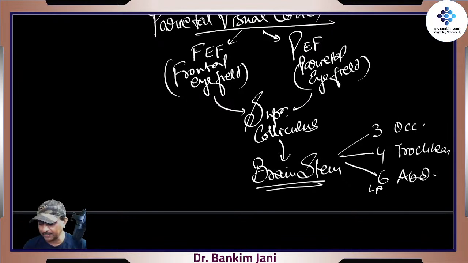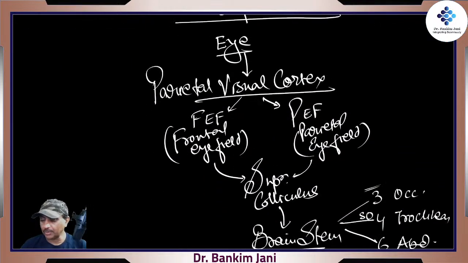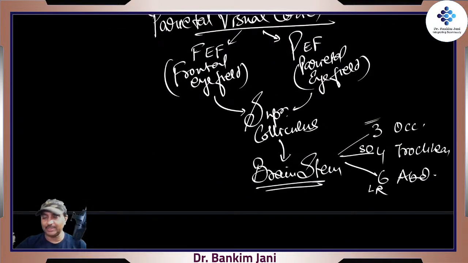This is the lateral rectus, this is the superior oblique, and the rest of the muscles are by the third one. Because the third nerve supplies more muscles, that's why the name is given as the oculomotor loop. It's not that only the oculomotor is involved in the oculomotor loop. No, even the others are involved. But because the oculomotor is playing a major role, trochlear and abducens supply just one muscle each.